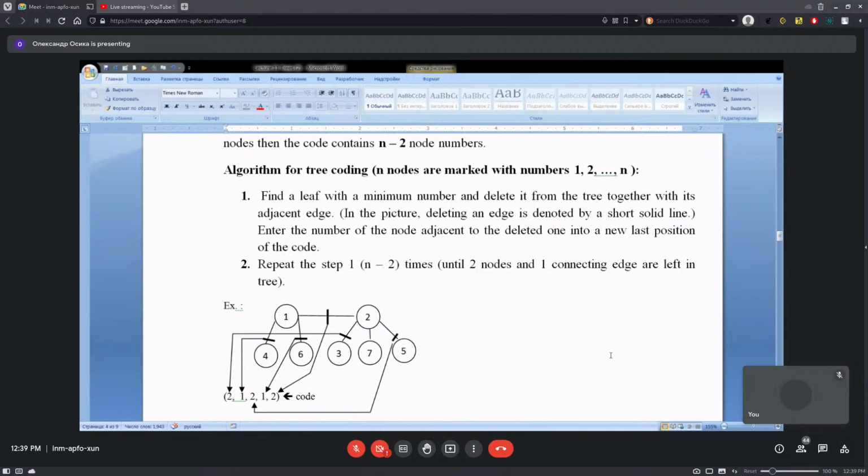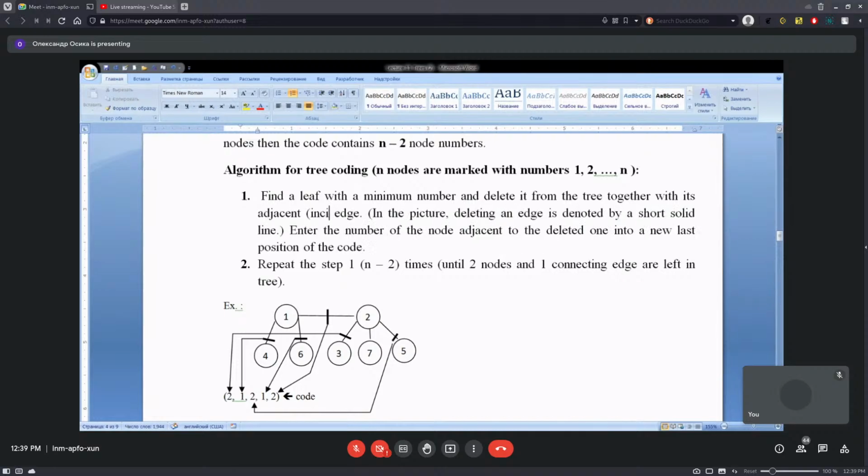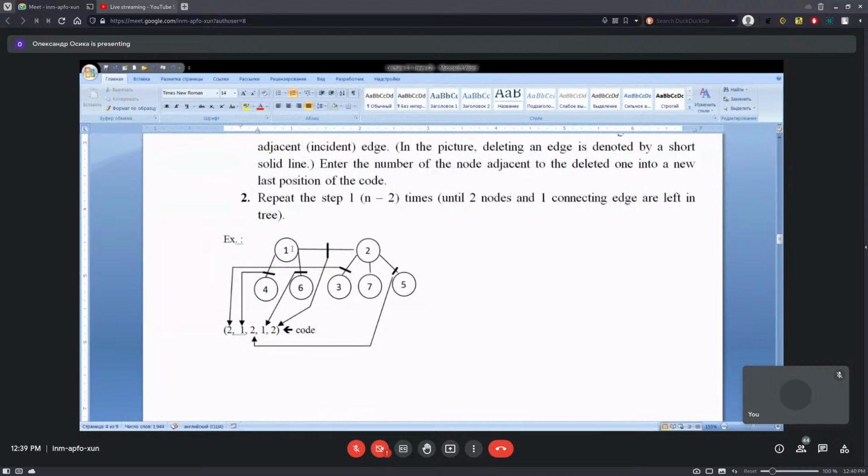Maybe it is not a good idea to call it adjacent, because adjacency is a relation between vertices.